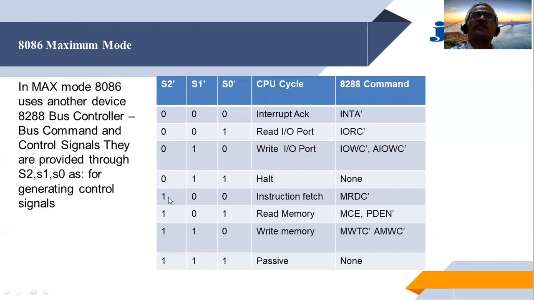Instruction fetch is 100, memory read and memory write cycles are 101 and 110. And the corresponding commands generated are INTA, IO read, IO write, advanced IO write, memory read, memory write and advanced memory write. So these are the different commands that are generated.